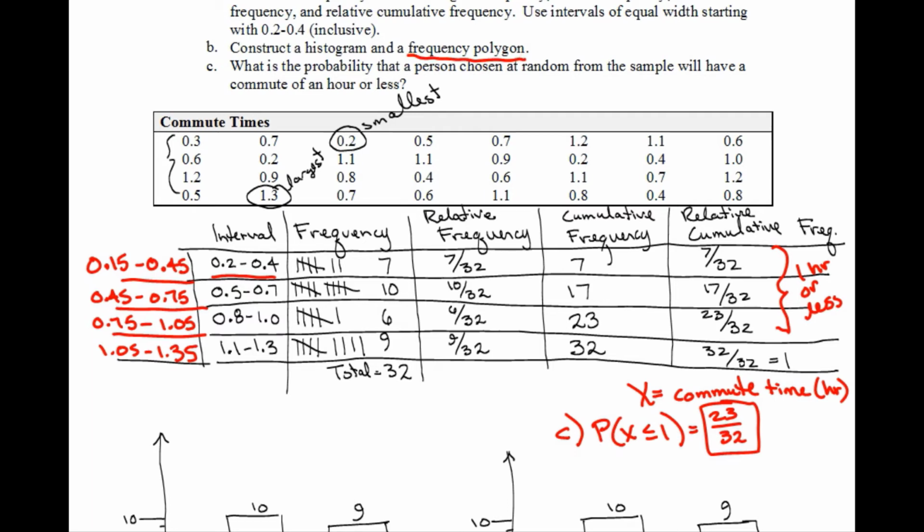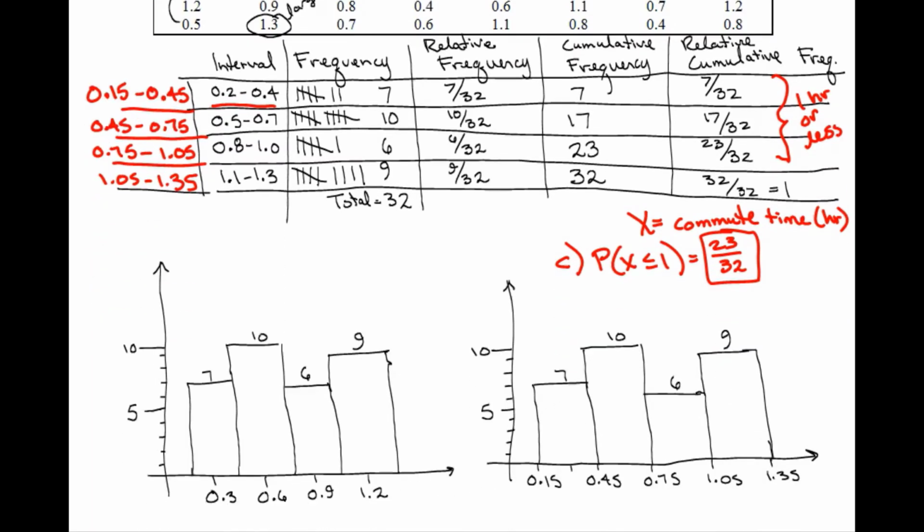What we're going to do is we are just going to put dots on the tops in the middle of each of our bars, like that. Okay, and so then we are going to connect those with a straight line, and that is what we call our frequency polygon.